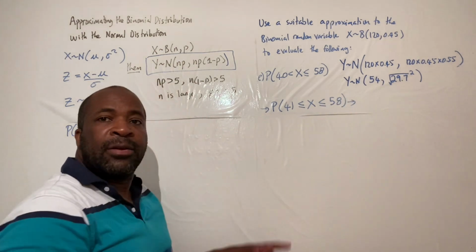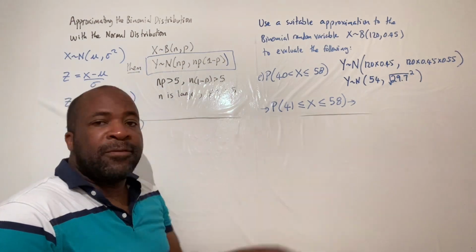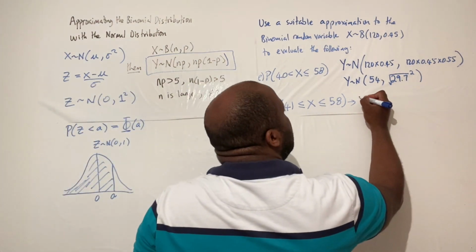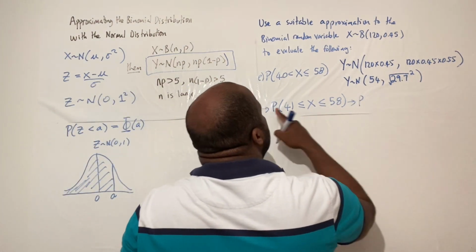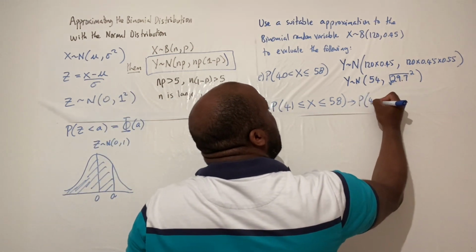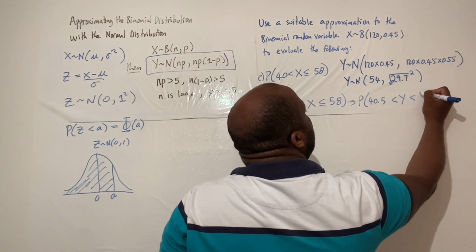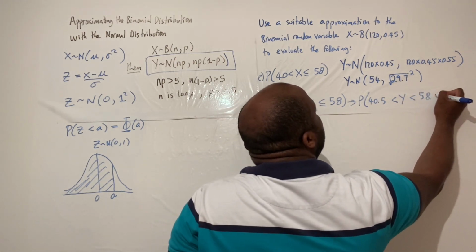Next, we can find the lower bound of 41 and then the upper bound of 58. So this now becomes the probability that 40.5 is less than y is less than 58.5.